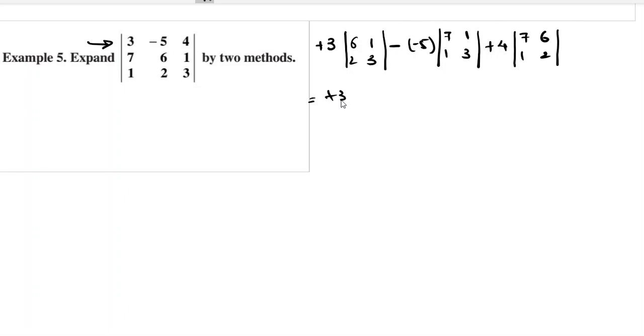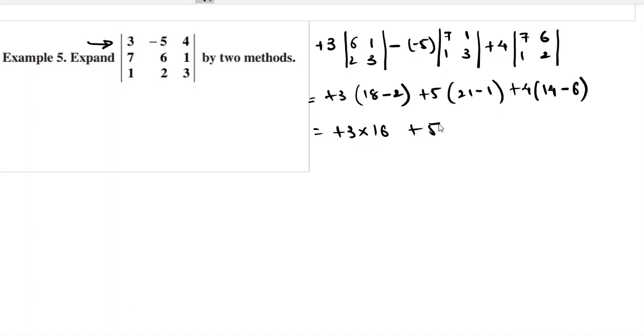Okay. So plus 3 bracket 6 3s are 18 minus 2, plus 5 bracket 7 3s are 21 minus 1, plus 4 bracket 14 minus 6. So plus 3 into 16 plus 5 multiplied by 20 plus 4 multiplied by 8. 48 plus 100 plus 32.